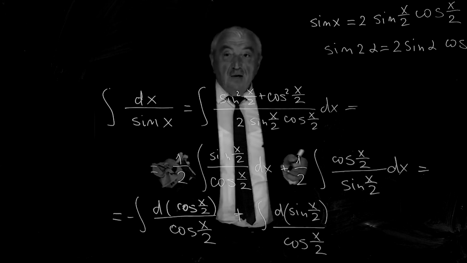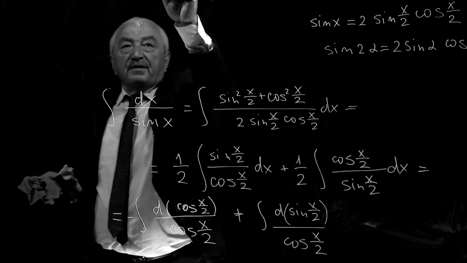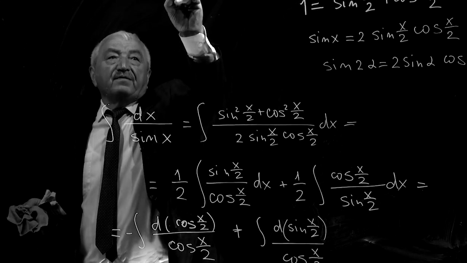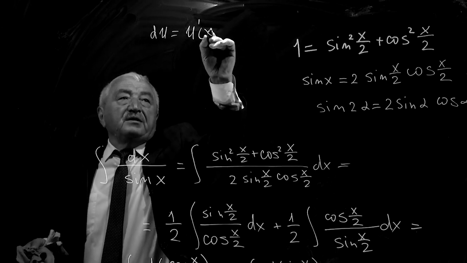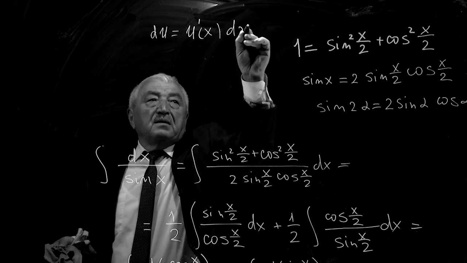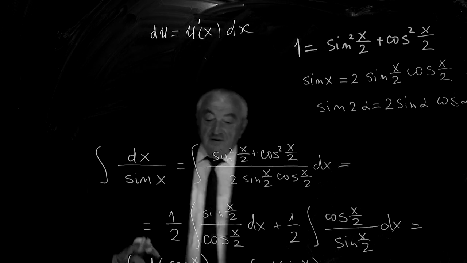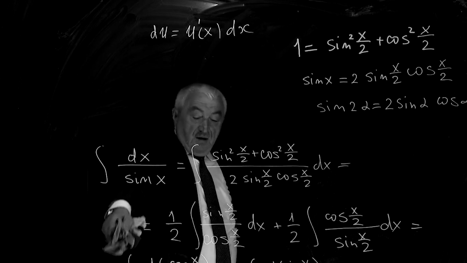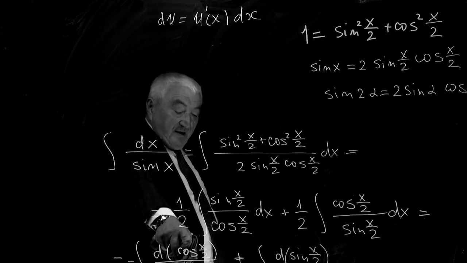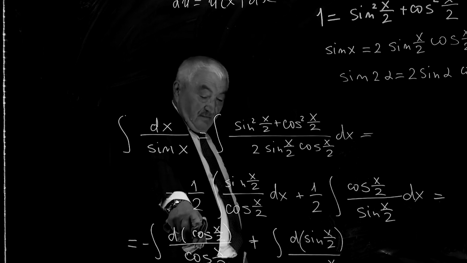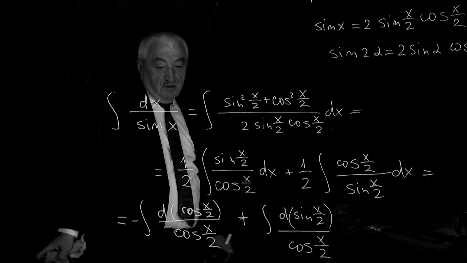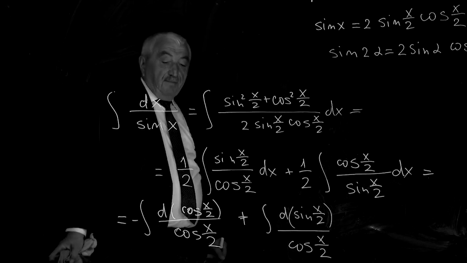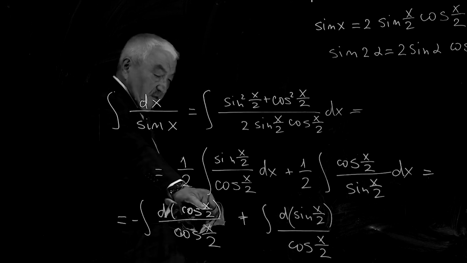Why? What is the differential of a function? The differential of a function is the first derivative of the function times dx. What does the differential of cosine x divided by 2 mean? The derivative of cosine of x divided by 2 is equal to minus sine x divided by 2 multiplied by the derivative of the inner part, since it is a complex function.